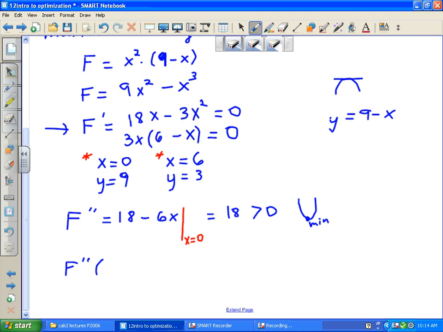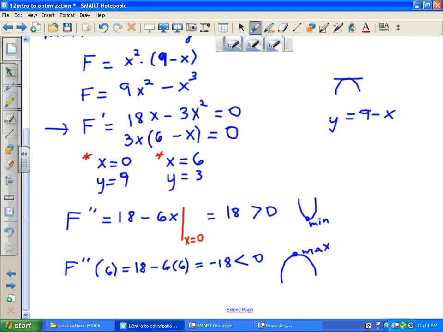This time substitute which number? 6. That'll be 18 minus 6 times 6. So that will be definitely a negative number. What is it, negative 18? So definitely, you don't even care what number it is as long as it's positive or negative. Negative means concavity will be downwards, and the point obtained will actually be a maximum.